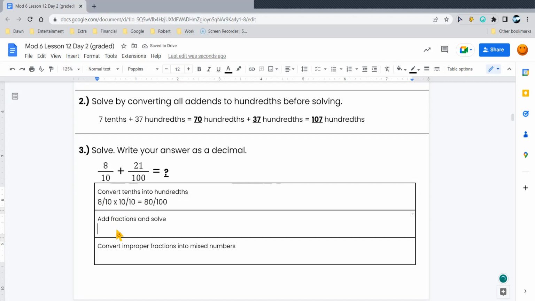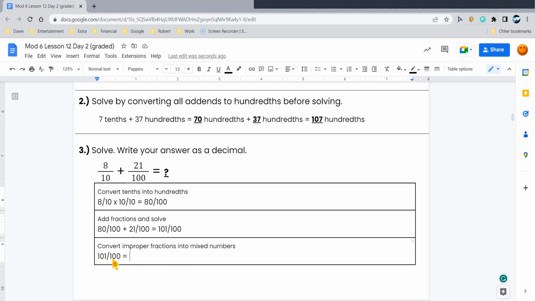Now I'm going to add my fractions. I have 80 over 100 plus 21 over 100, which equals, so I do 0 plus 1, which is 1, and then 8 plus 2, which is 10. So I get 101 over 100. And now we're going to take that 101 over 100 and convert it into a mixed number.